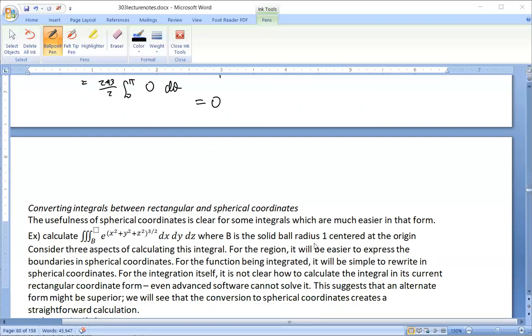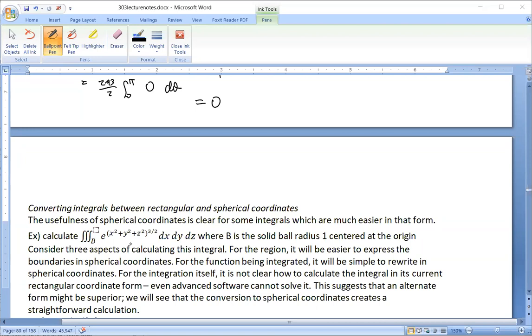Next, I'll save the hardest for last. We know how to convert dx dy dz. That's going to be r squared sine phi dr d phi d theta. That's the formula that we have. Finally, we need to convert our formula from x, y, z into r, theta, phi. For this, we have to be a little bit clever. What's the easiest way to convert? Well, we know that x squared plus y squared plus z squared equals r squared.